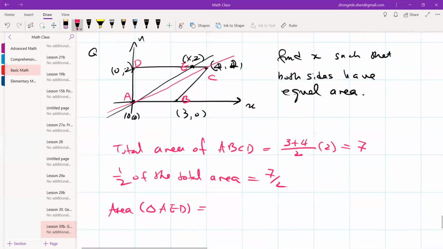So what is that area? The base is x, the height is 2, and divided by 2. So this is just x, right? And this is supposed to be 7/2, so x is going to be 7/2, which is 3.5.